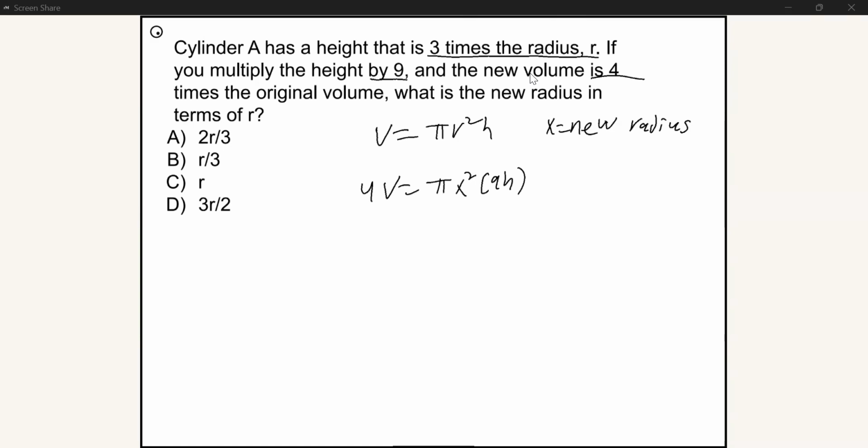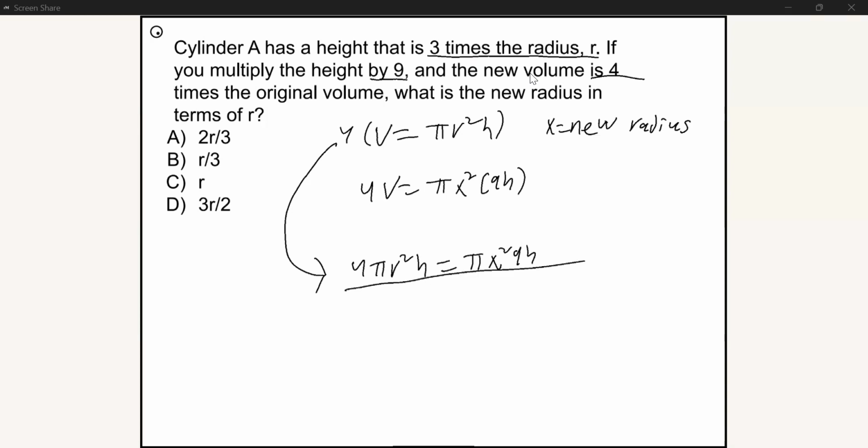So then we're going to multiply this one by 4 and set it here. So then it's going to be 4 pi r squared h equals pi x squared 9h.